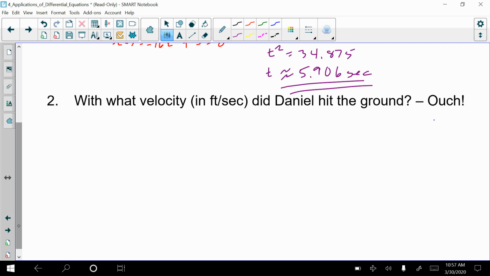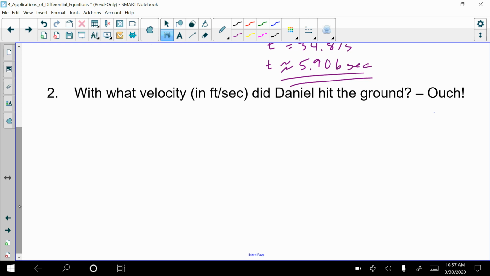Now, with that velocity in feet per second, how fast was he going when he hit the ground? Well, we have the initial velocity from the previous question, and we know how long it took him to hit the ground. In this case, v of t, the velocity, is going to be the antiderivative of the acceleration.